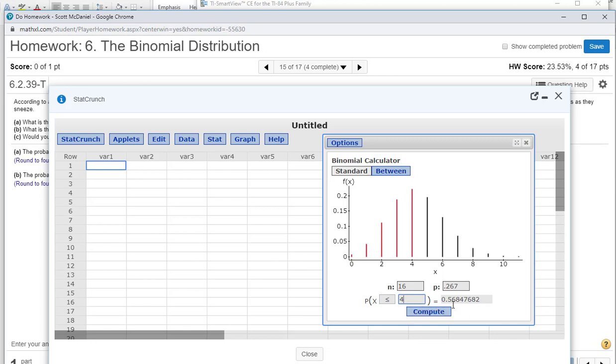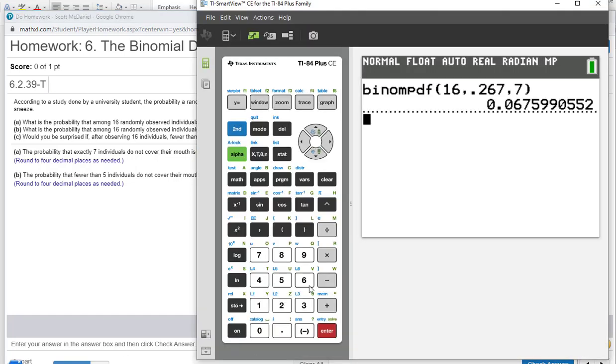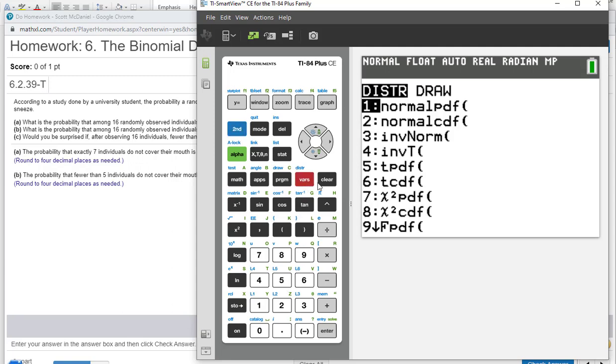So we're going to get 0.5685. Let's pull open the calculator. So second distribution, binom PDF. Or actually, it's fewer than.